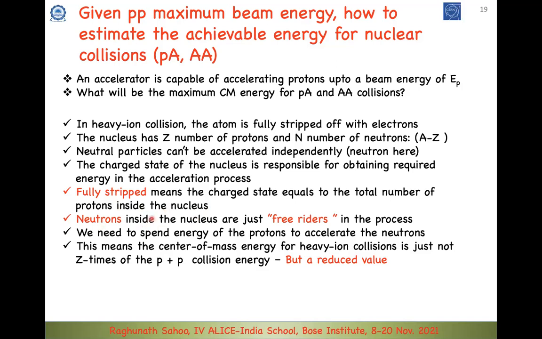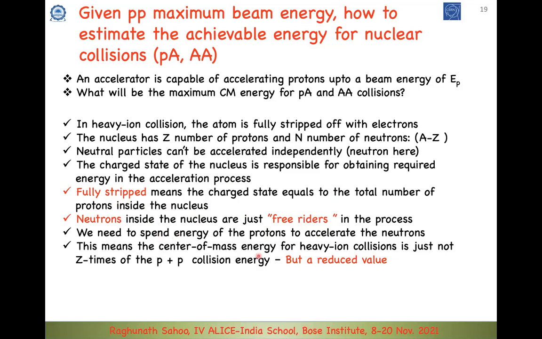And neutrons, being neutral particles, are just free riders in the process of acceleration. You have to accelerate the charge state, which is the number of protons, whereas neutrons are just sitting as free riders. So you have to spend time and energy for neutron acceleration, right?